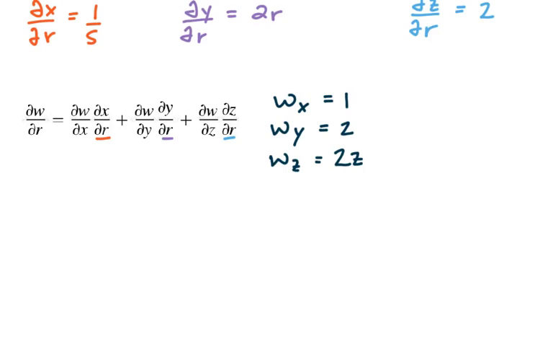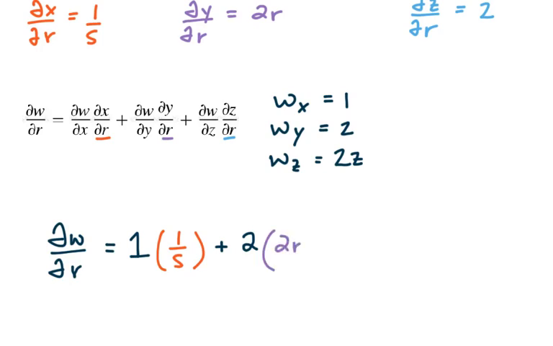If I set this up then, dw dr is 1 times 1 over s plus 2 times 2r plus 2z times 2.